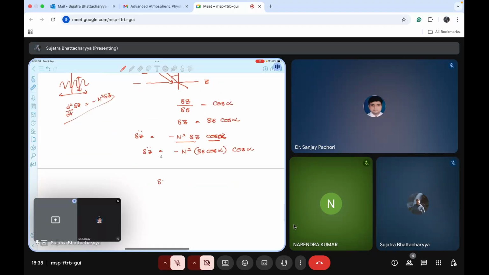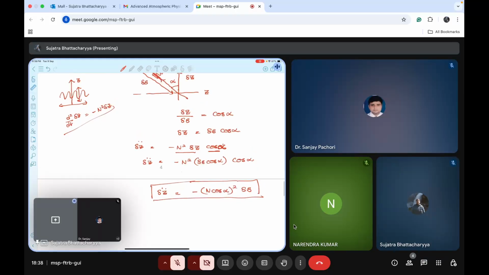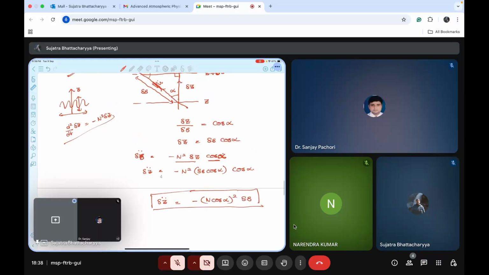Finally, you are getting minus N cos alpha whole square delta S. Or you can keep it as delta S double dot, because the acceleration is happening here. So you can keep it like this.